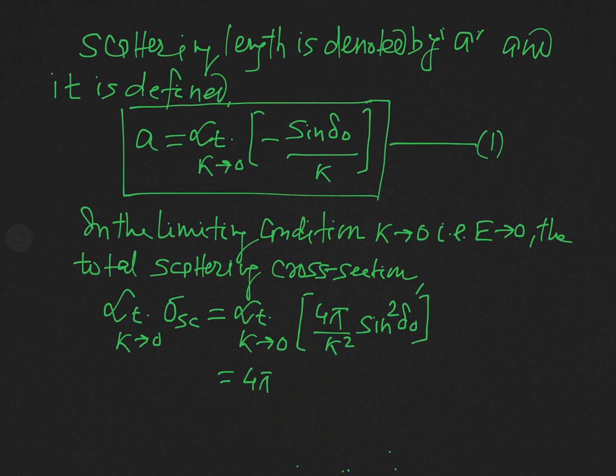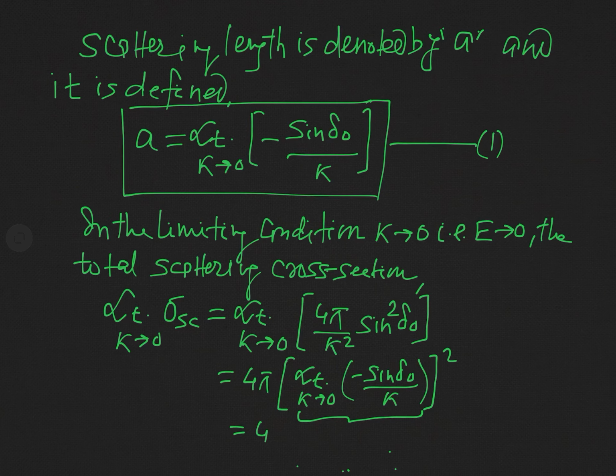We can write this equation in this particular manner: 4 pi limit k tends to 0 of minus sine delta naught over k, whole square. And what is the term inside the square bracket? Actually, this is simply the scattering length, which I have denoted by the symbol A.